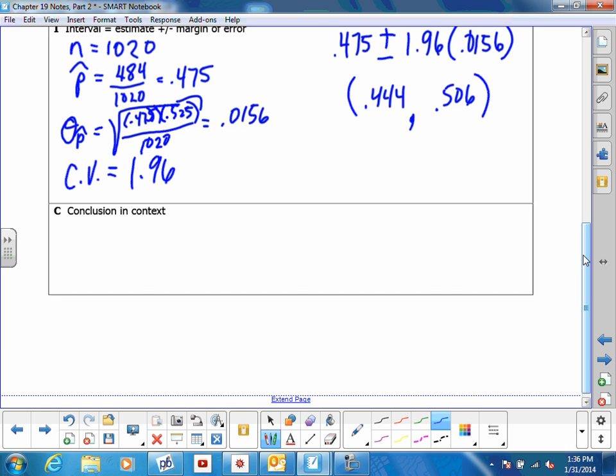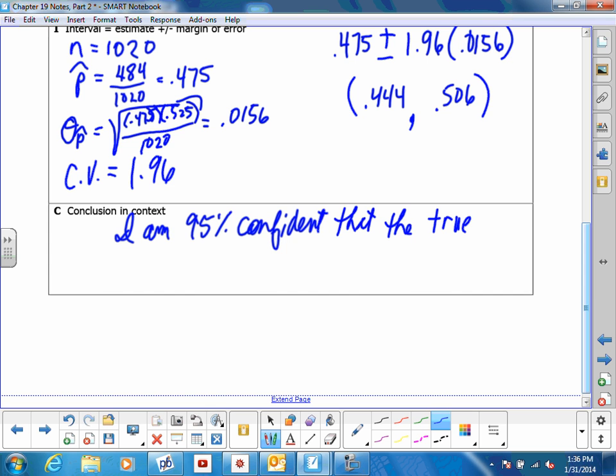So in conclusion, how do you want to start this? In conclusion, I'm 95% confident. Sure. Can you put sure? I just use confident. That the true proportion. Okay, make sure you know you are inferring to the population.